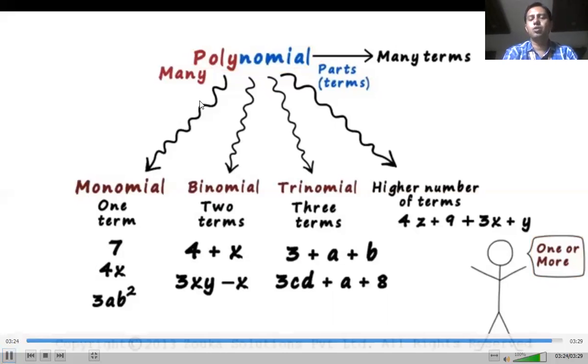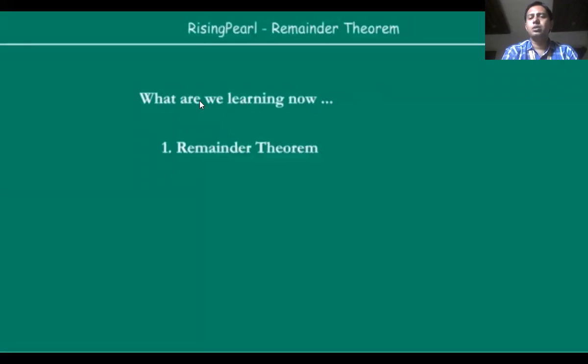So here we'll talk about the remainder theorem. We are going to learn the remainder theorem.